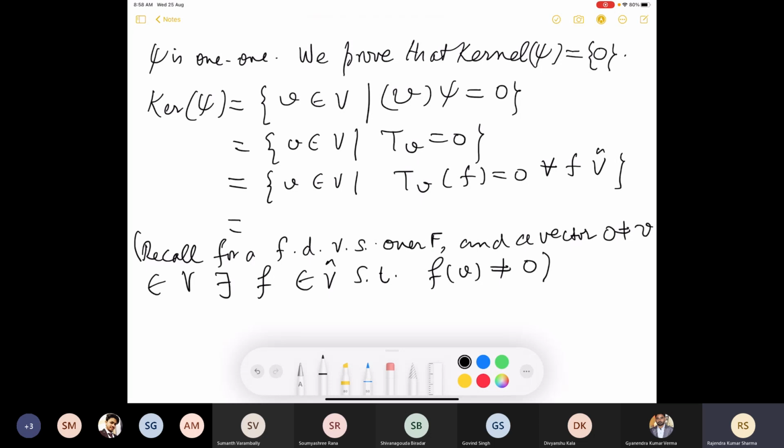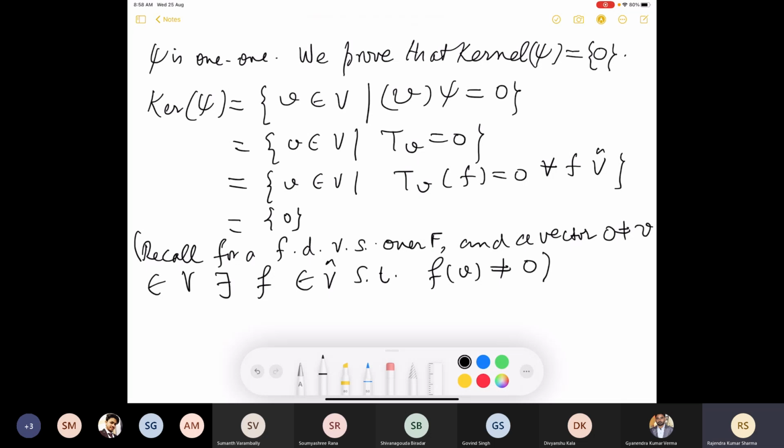So this kernel consists of all V such that TV of f is 0 for every f.